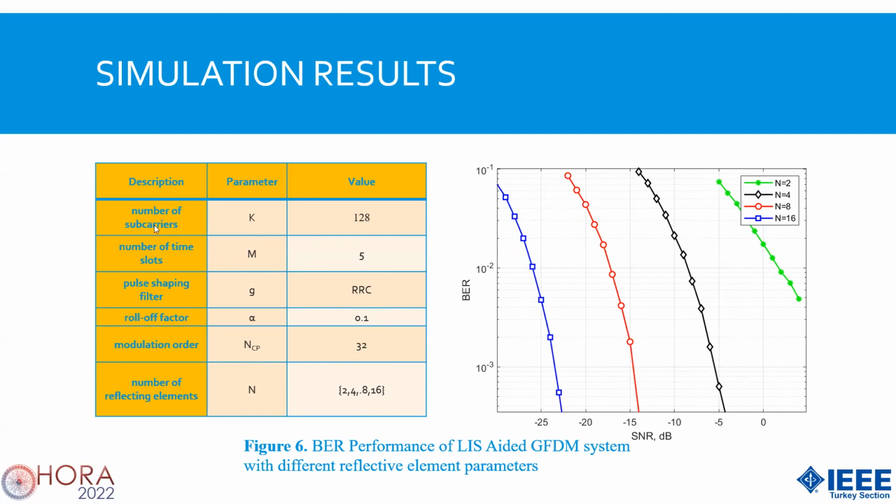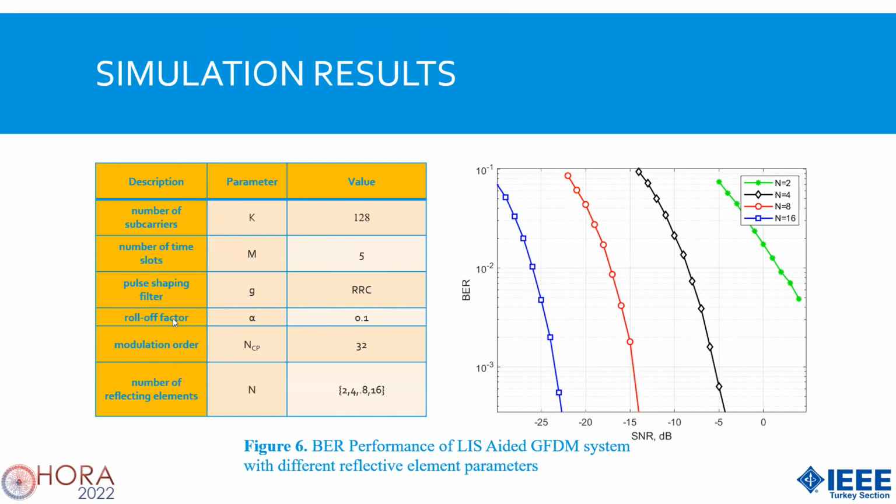In our table, we have these parameters. They are subcarriers, slots, pulse shaping filters, roll-off factors, modulation order, and reflecting elements. In all simulations, the pulse shaping filter is selected as the RRC pulse shaping filter.